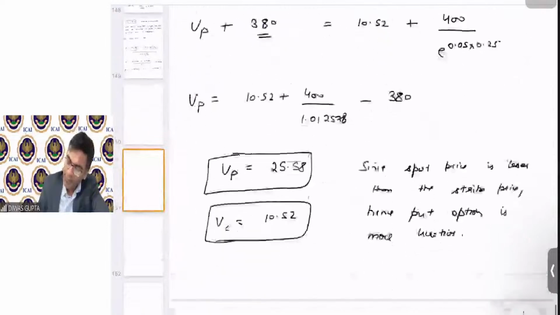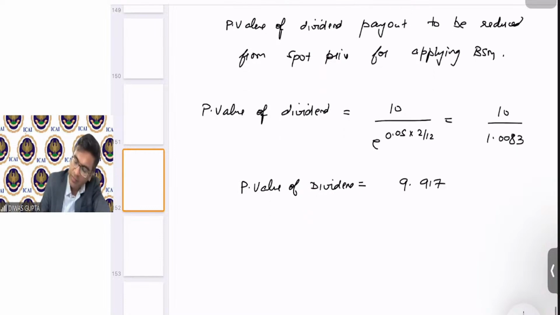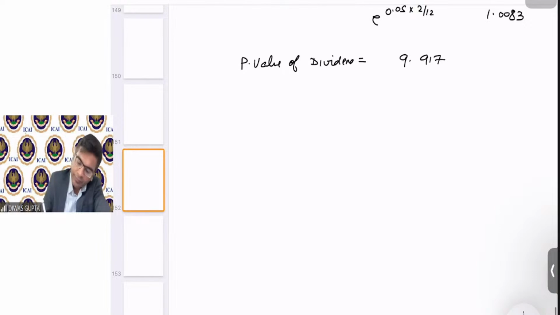Okay, students. So the present value of dividend is equal to, yes, Tanisha, very good, 9.917. Perfect.